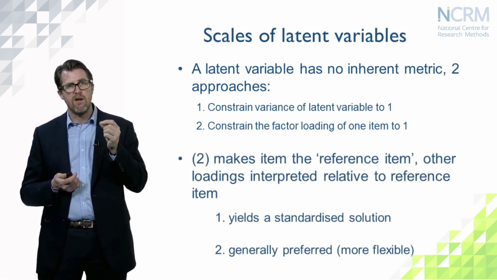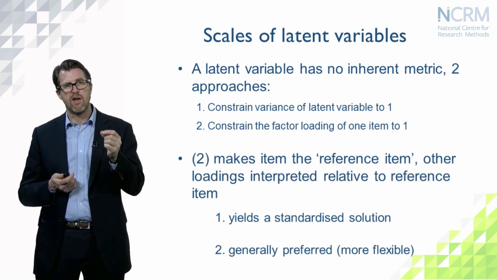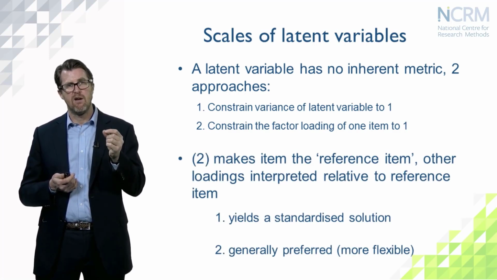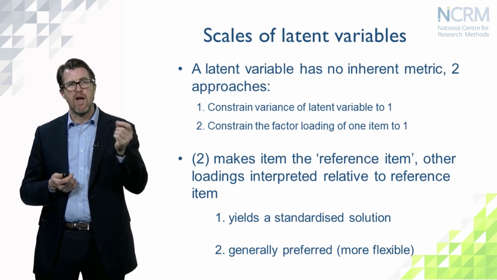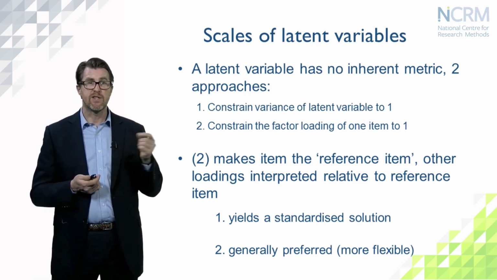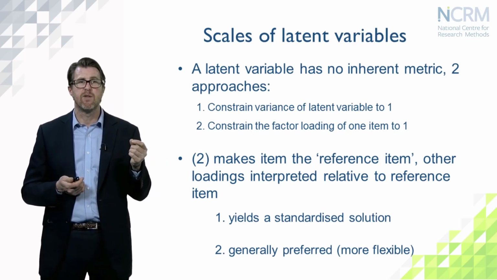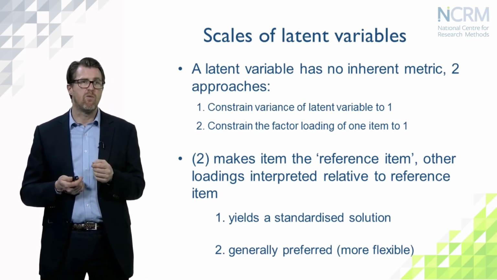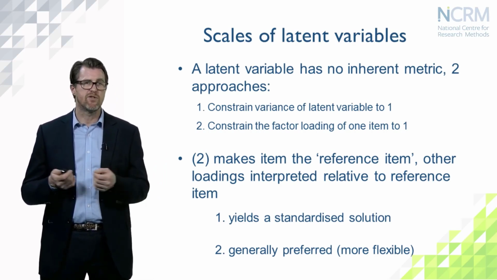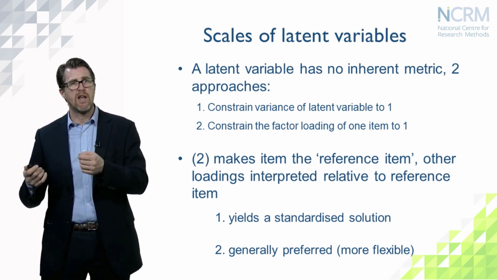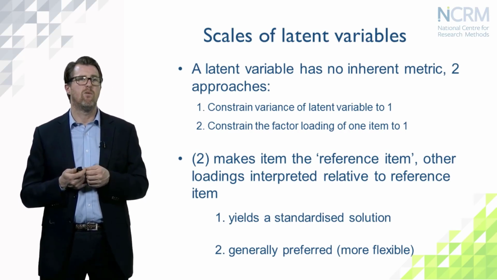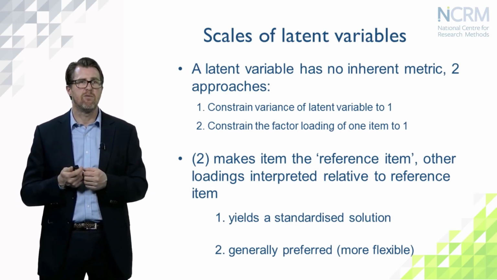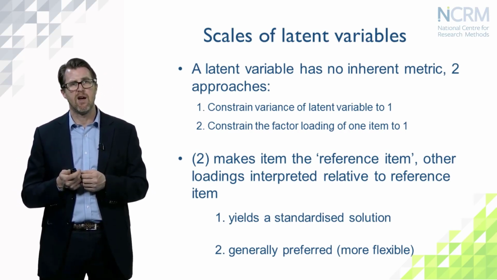If we fix the factor loading of a particular item to 1, then that will be the reference item, and the latent variable will have the same scale as that item. So if it's measured again on a 1 to 5 scale of strongly agree to strongly disagree, then the latent variable will be on a scale of 1 to 5. If it's a 1 to 10 scale, the latent variable will be on that same scale.